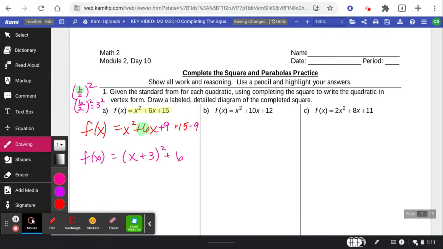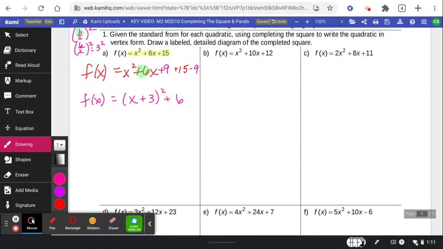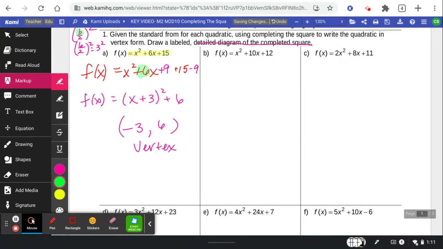Now it did say you could draw a labeled diagram to go along with this, but I told you you did not have to do that part. My vertex is going to be negative 3, 6, and that comes from right here.